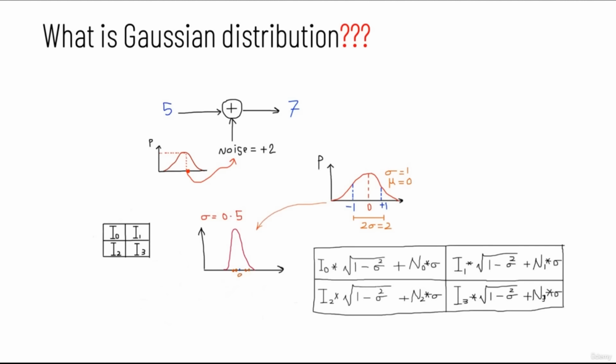In this case, we will lose a very small amount of our original information, and we will replace it with a small amount of noise. The same thing we will apply with the other pixels in our simple image. So now we learned how to add a noise to our original image.